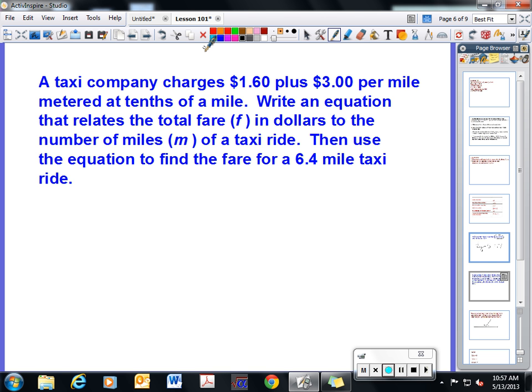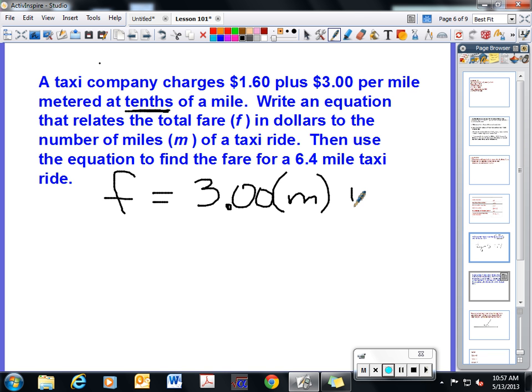So we're actually finding out what f equals. f equals the fare, and we know that it's $3 for each mile. When they said metered at tenths of a mile, that just means you can take m out to the tenths place to figure out how much it's going to cost. But they also have an additional one-time charge of $1.60. So there's our equation, first of all.